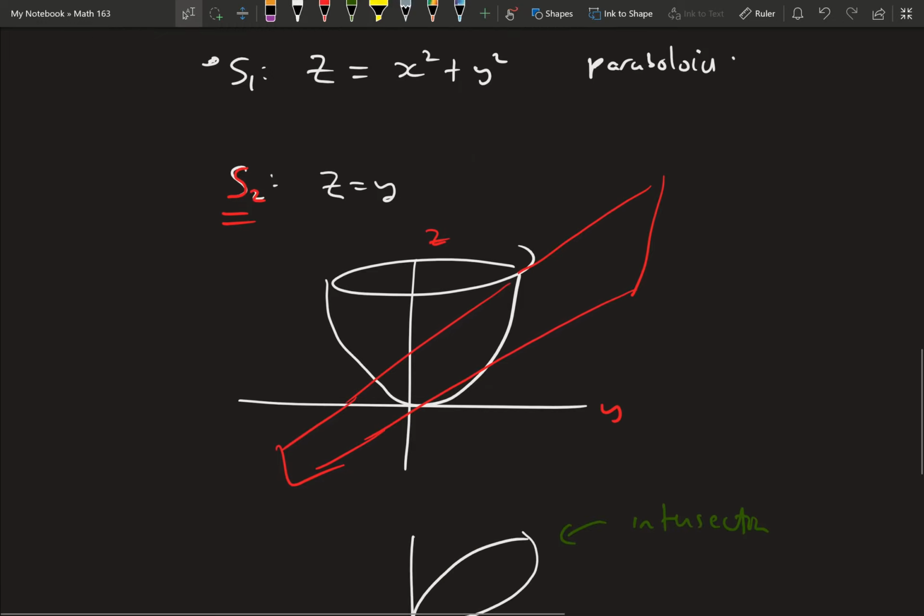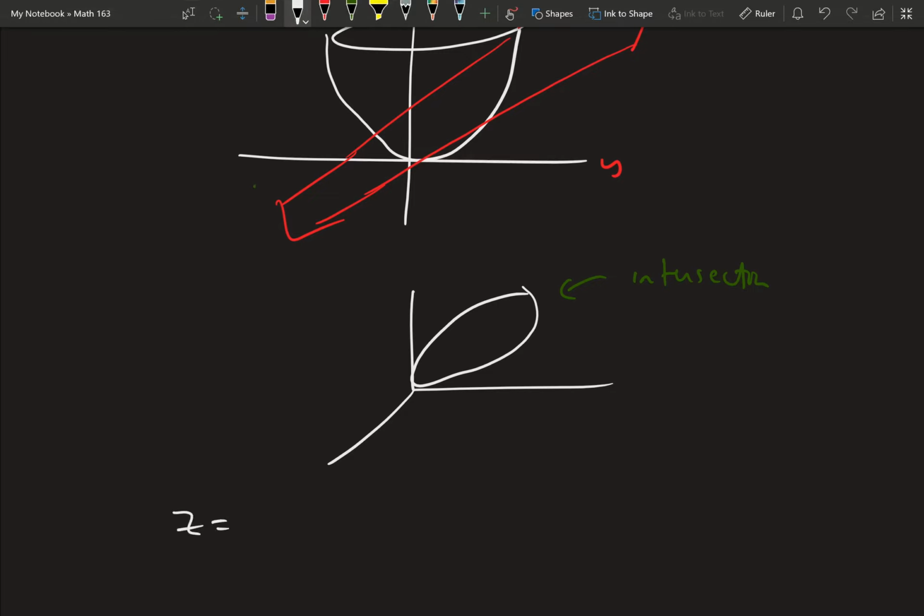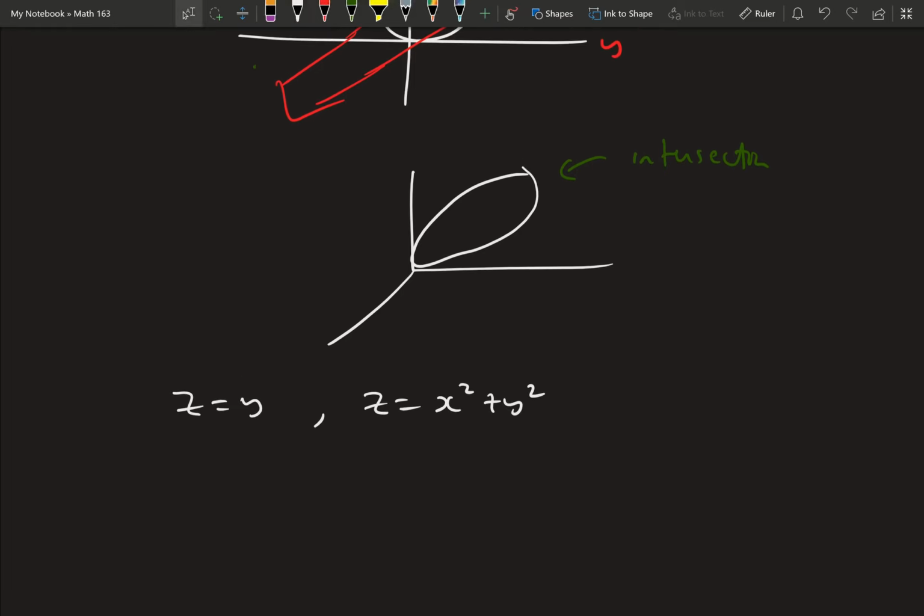Well, z equals y. So we have two equations. This is the visualization. How do you actually do this? Algebraically, here is z equals y, and we also have z equals x squared plus y squared. So let's set y to be t, so that z is equal to x squared plus t squared.